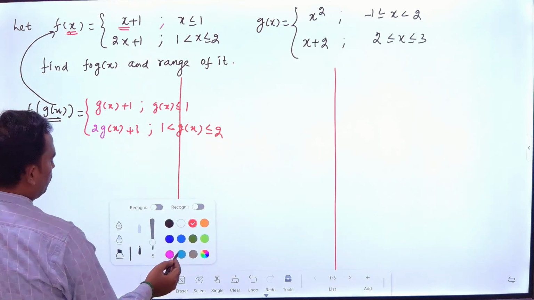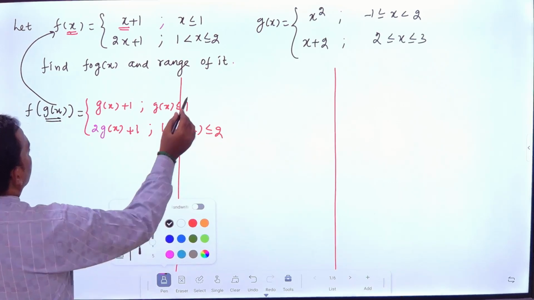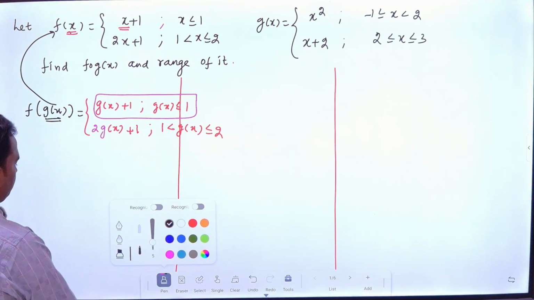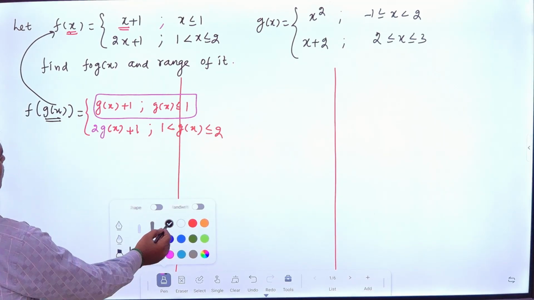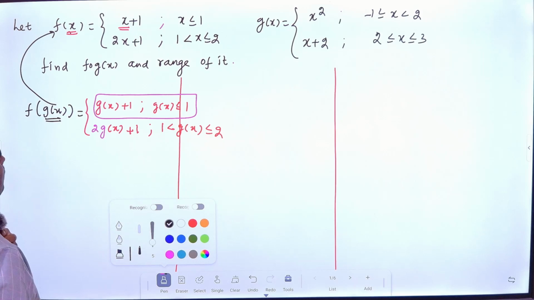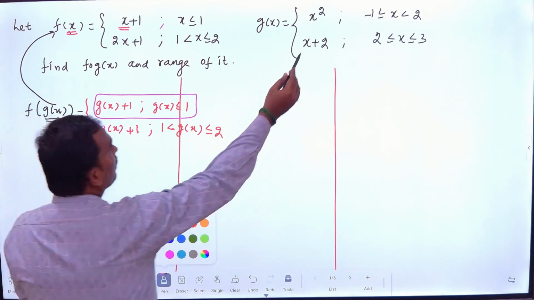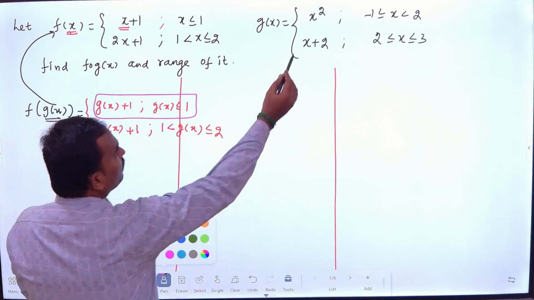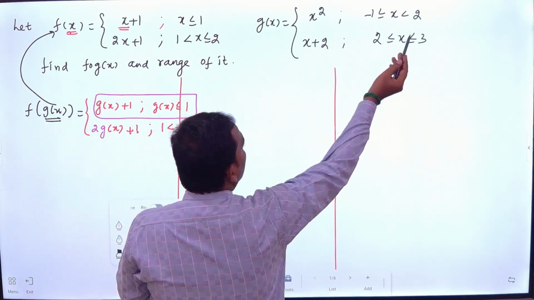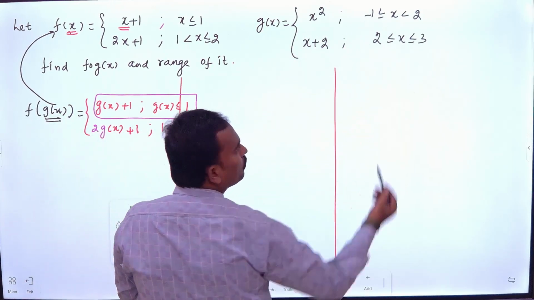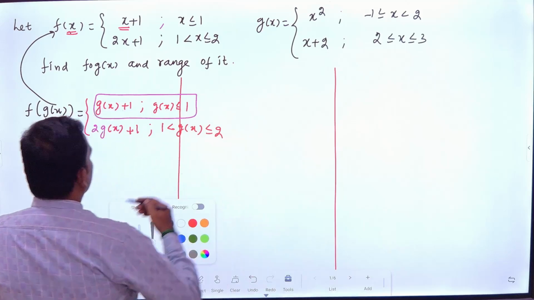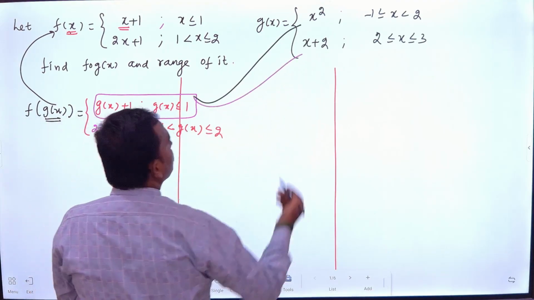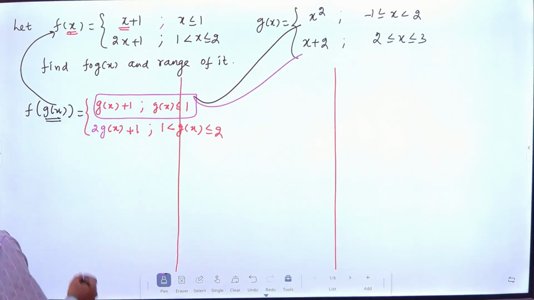Now fix the first function and substitute the value of g of x. We have g of x equal to x square when x is from -1 to 2, and x plus 2 in the other piece.